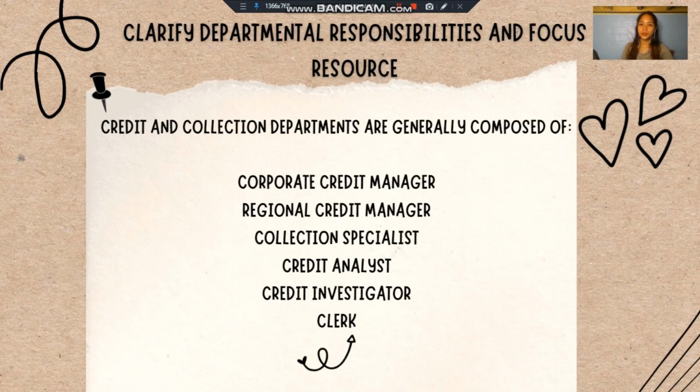Clarify departmental responsibilities and focus resources. The credit and collection departments are generally composed of the corporate credit manager, the regional credit manager, collection specialist, credit analyst, credit investigator, and the clerk. It is very crucial to include a section in the policy that details the precise duties and obligations of the credit and collection employees.